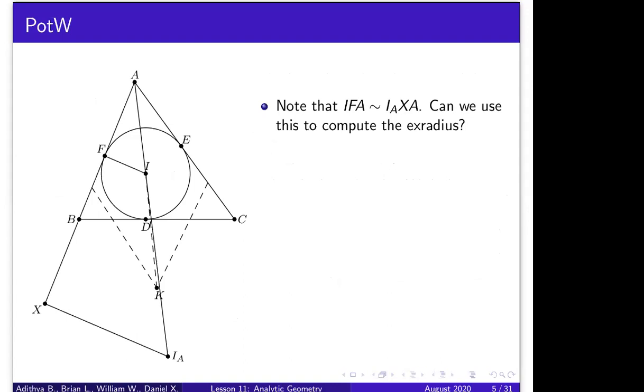So if we take IA and take its perpendicular to AB, let it be XA, we actually get some similar triangles. If we look, the triangle IFA is similar to the triangle IAXA. So using this diagram, can somebody tell me what the exradius should be in terms of the sides and the inradius?